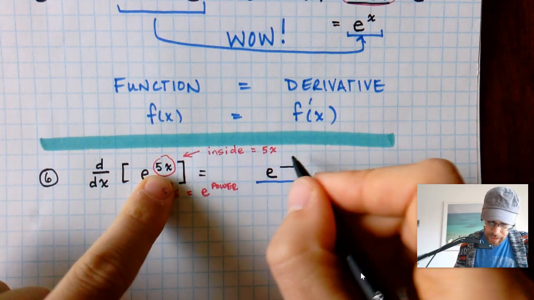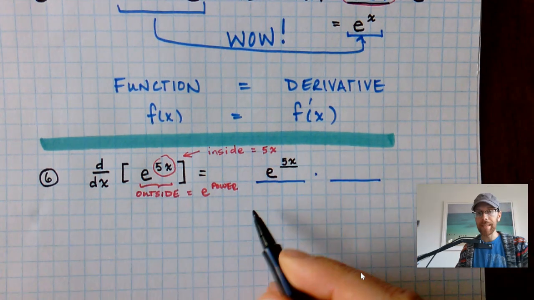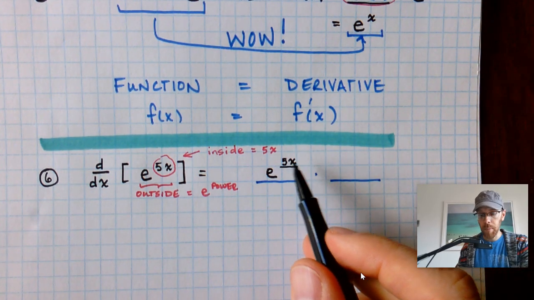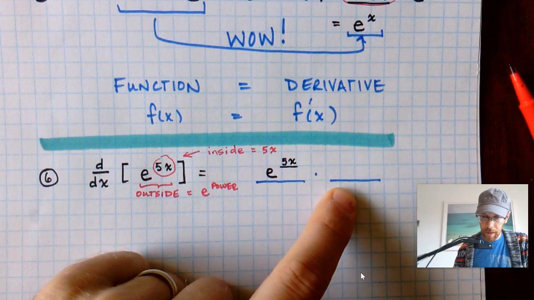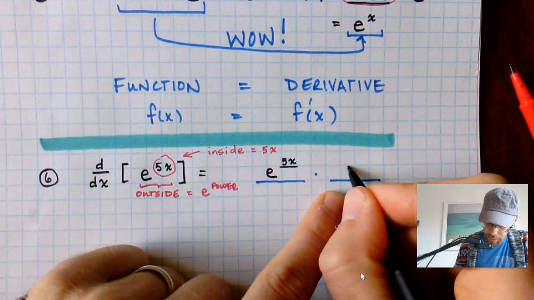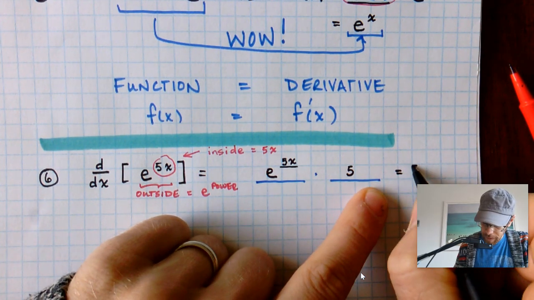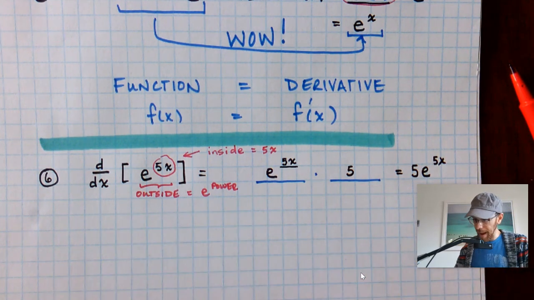The power is the inside function. We know that always gets left alone. So anytime you do one of these, the exponent will stay the same. But then here we need to multiply by the derivative of the inside. And the inside, 5x, would have a derivative of 5. You want to write your final answer as 5e to the 5x.